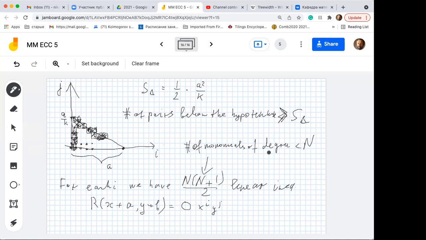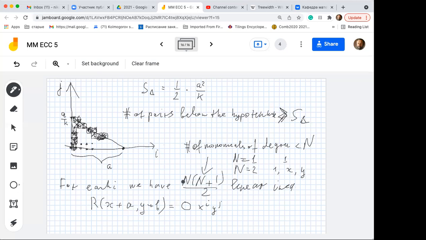For instance, if N is 1, then the number of monomials of degree less than 1 is only 1, the constant, because we have only the constant term. So for 1, this evaluates to 1. If N is 2, then we count the monomials of degree less than 2, and there are 3 of them: 1, x, and y.